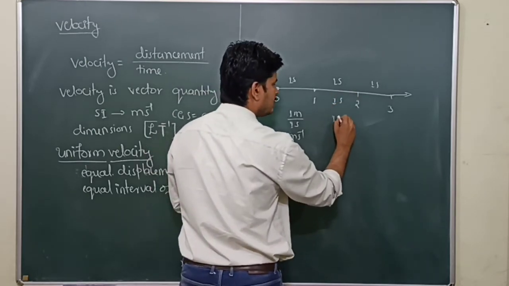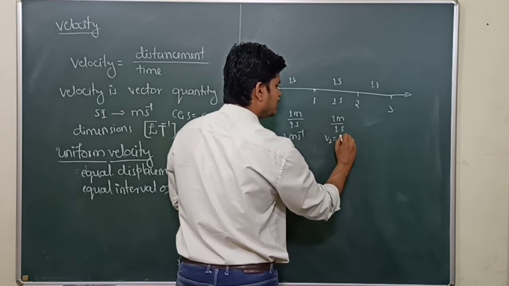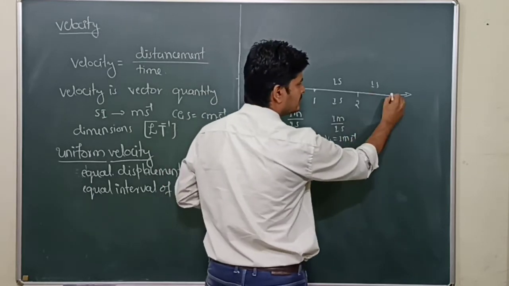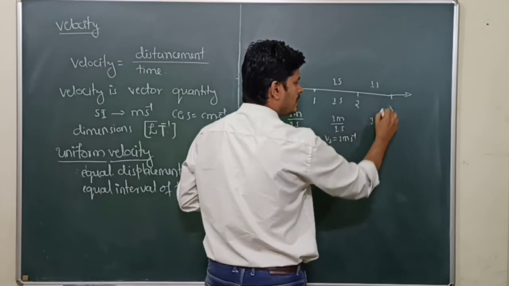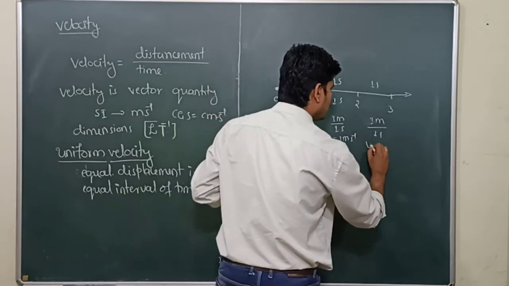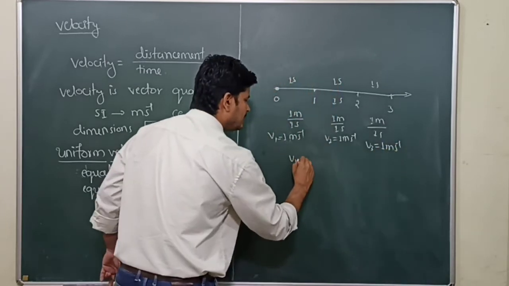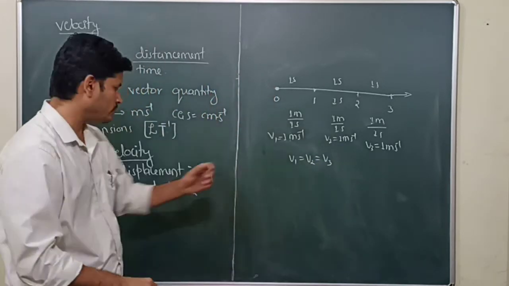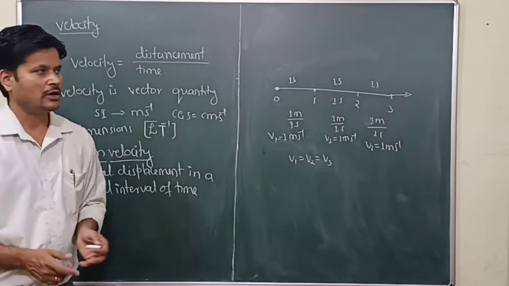It covers 1 meter in 1 second, that is v2 is 1 meter per second. Similarly, look at the third meter, that is 1 meter from 2 to 3, and it is covered in 1 second. Therefore, v3 is 1 meter per second. v1 is equal to v2 is equal to v3. Therefore, we can say that it is uniform velocity. Note down this.